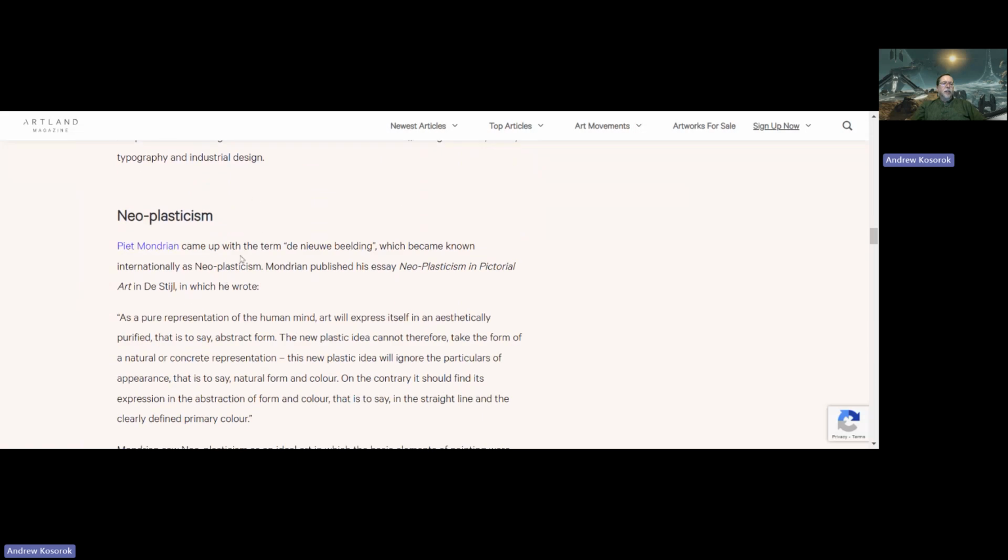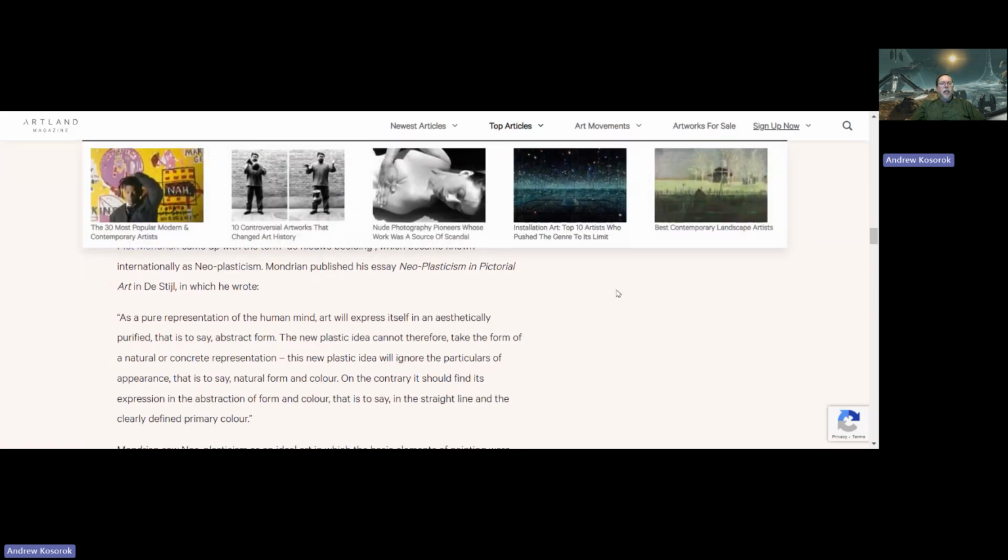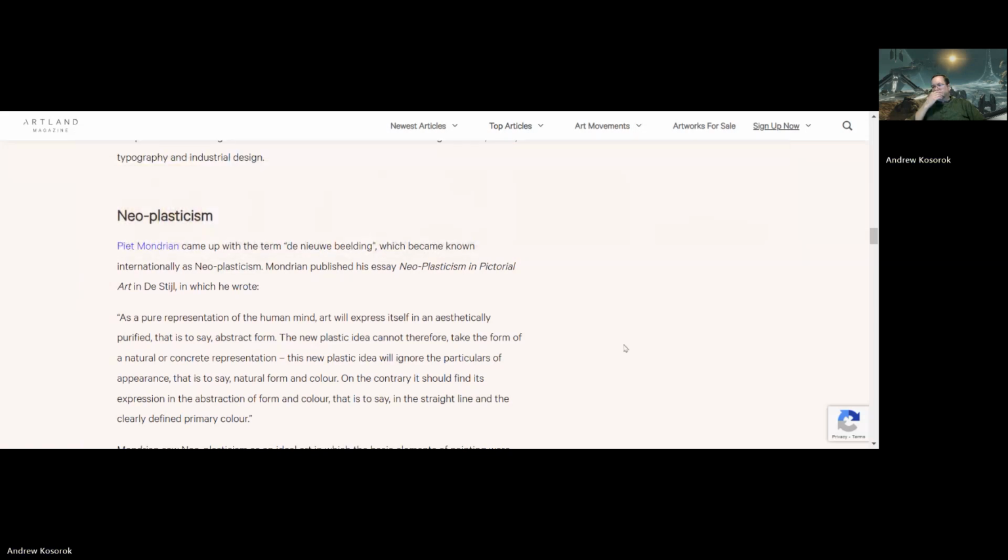Now, neoplasticism. Plasticism means changing, movement, being able to morph something.